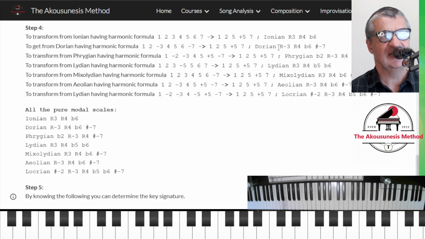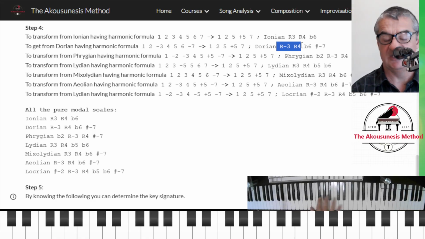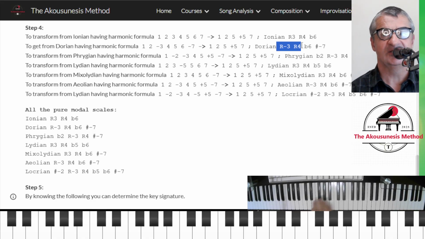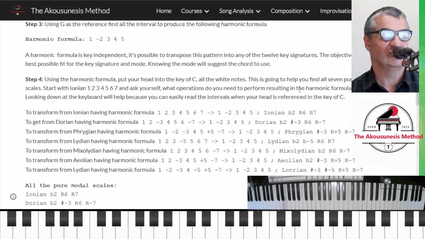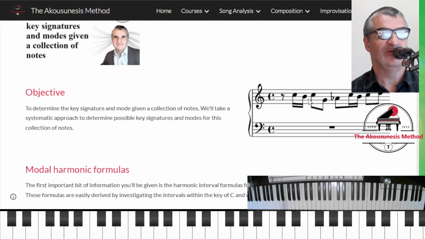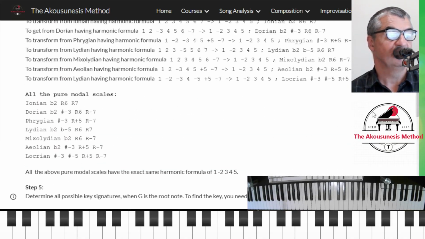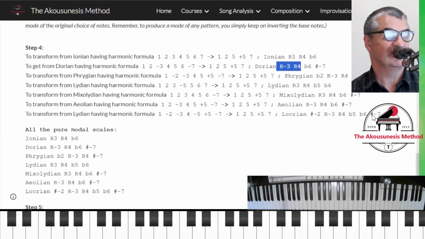So you can see that having removes at the front makes it a little bit trickier, because it's easier to remember just to play up to a 5th and forget about things to the right, as we did in the first one. So that was a good choice of root note, because the spread here was only 5. But let's just keep on going. You go through the process here.